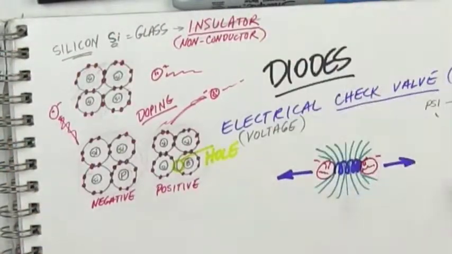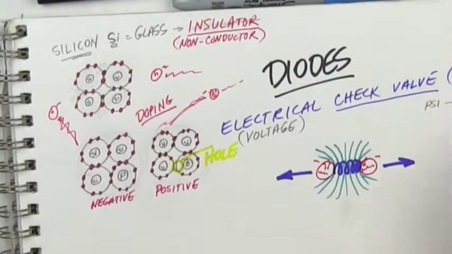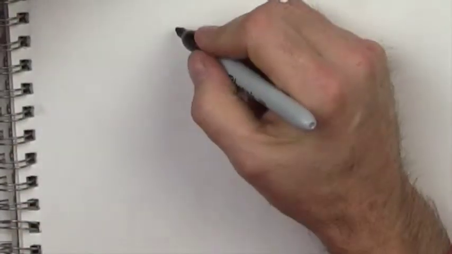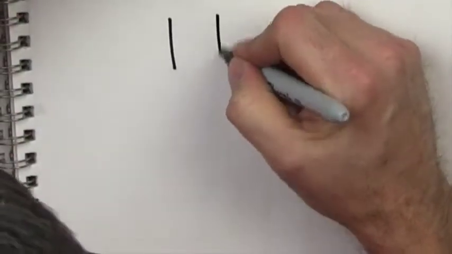Okay. So all of this is the build up to a diode, all right? Because diodes essentially work on static electricity. Because what we do is we take a diode, which is going to have two sides.